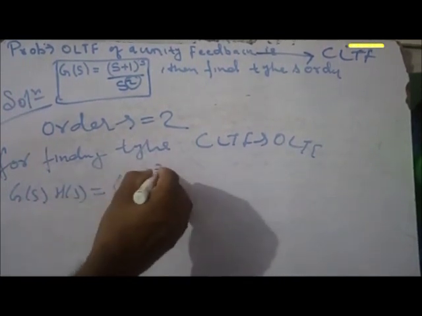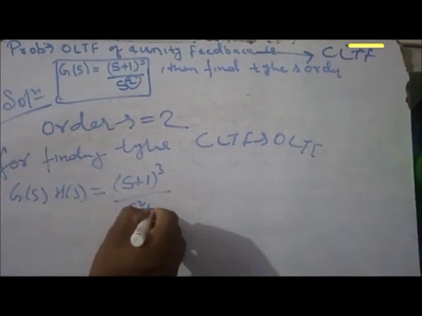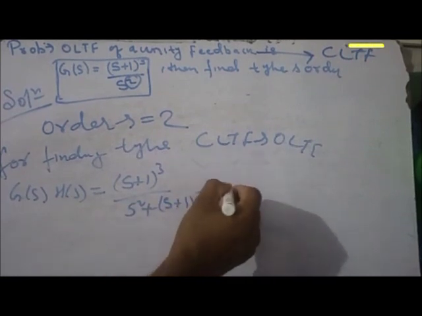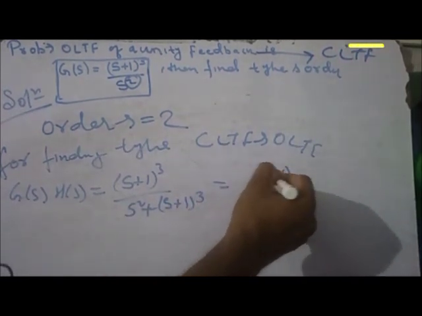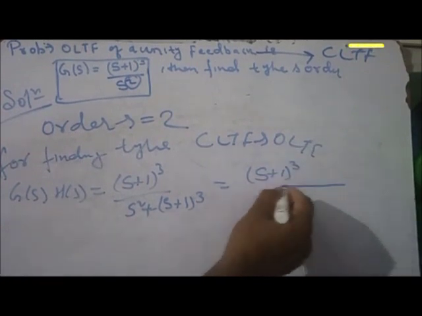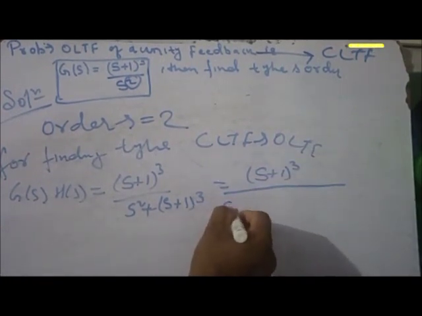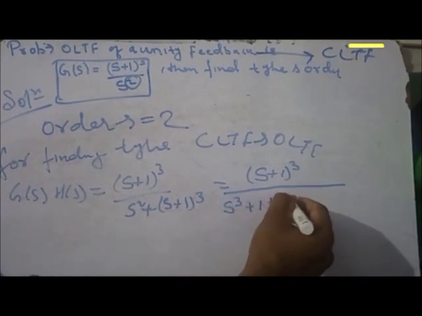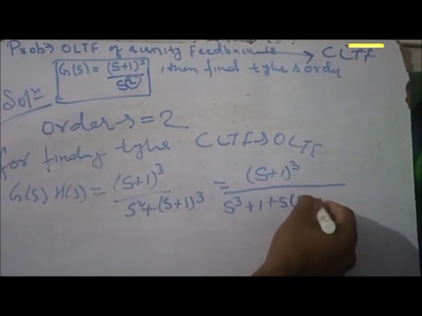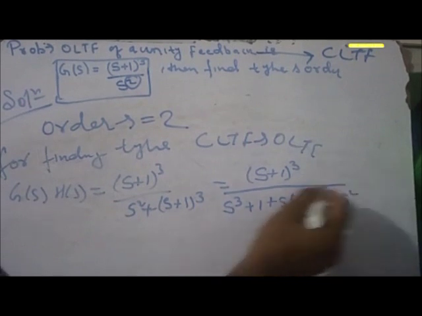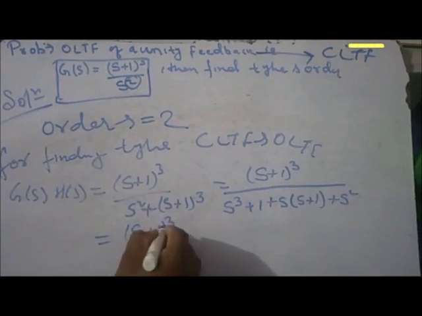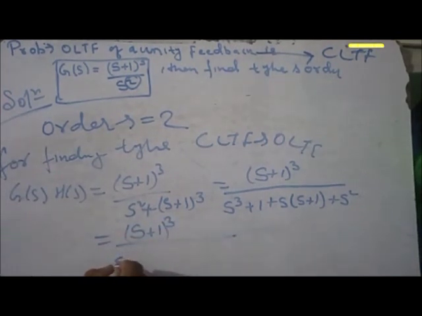That is nothing but (s+1)^3 / (s^3 + 2s^2 + s + 1). So type is 3.